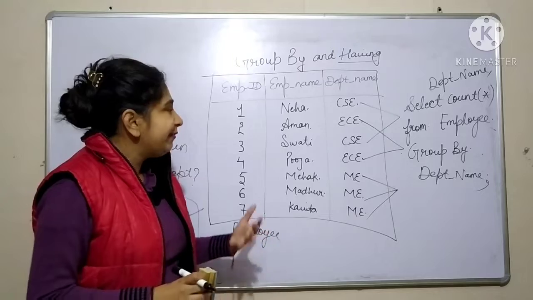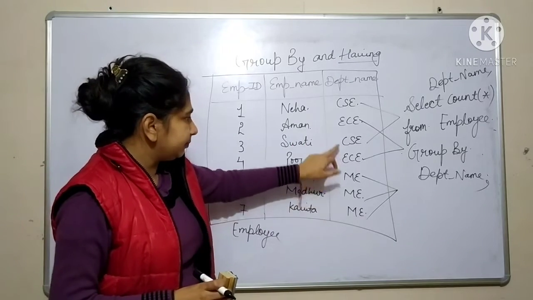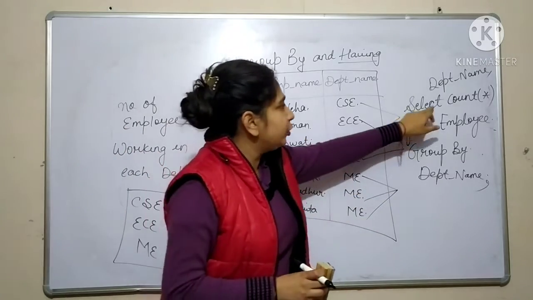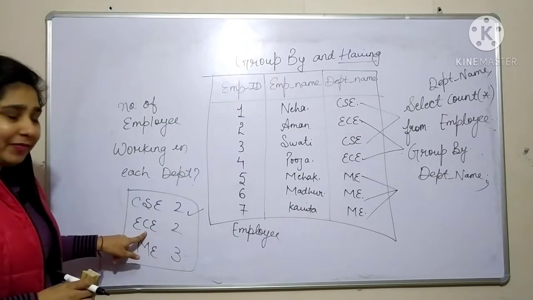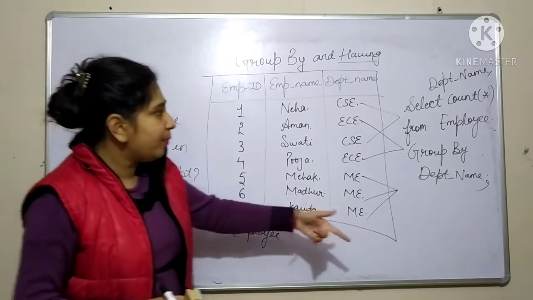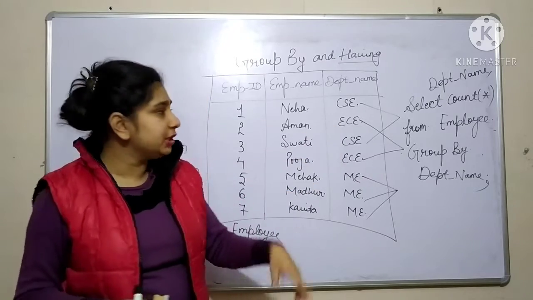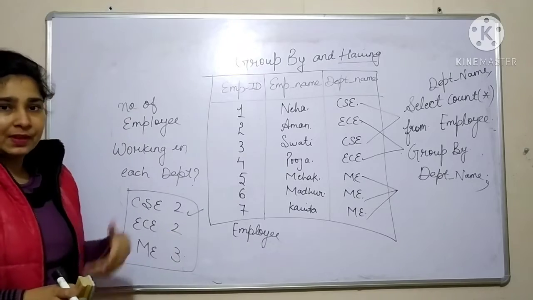Next we will pick our second department name, ECE. I want the attribute department name in the output, so my output has ECE. And how many times is this ECE coming in the relation? 2 times. COUNT(*) is 2.